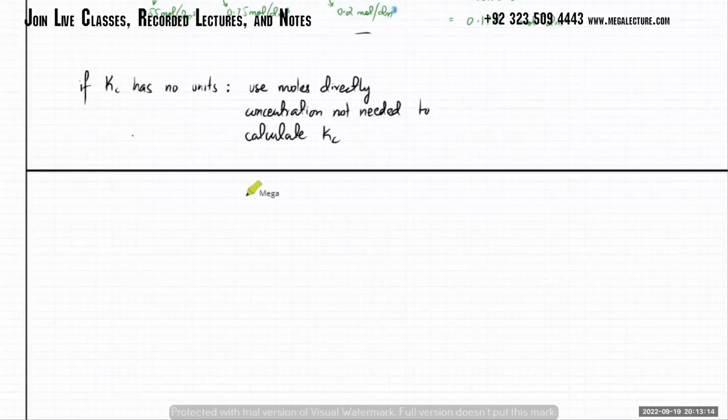So question type 2. What goes on in this question is that Kc will already be given to you, Kc is already given.